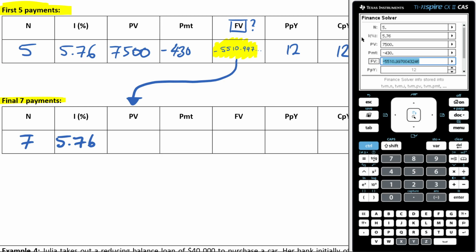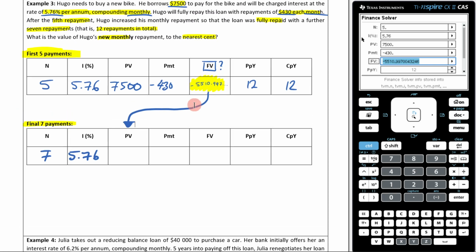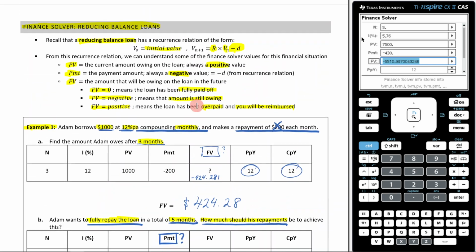Here's where it gets a little complicated. Can we ask for a moment, why was this number negative? The reason why this number was negative is because it's the money you still had owing on the loan. If we scroll back through our notes here, it's going to tell you that FV is negative when it means that the amount is still owing. All right?